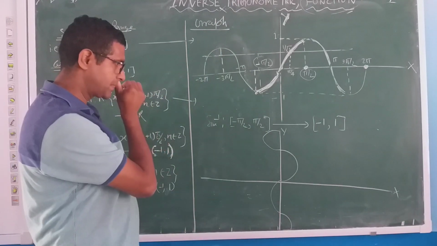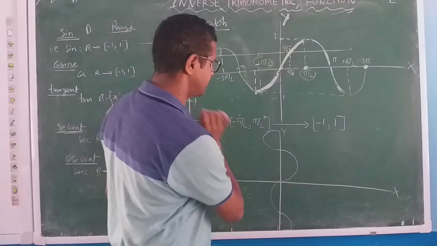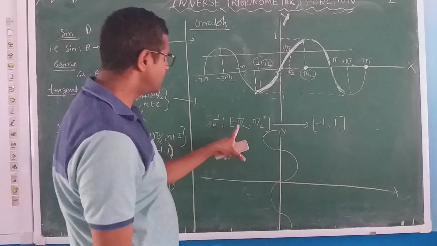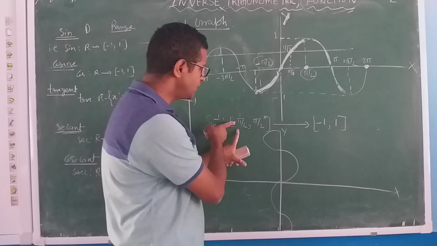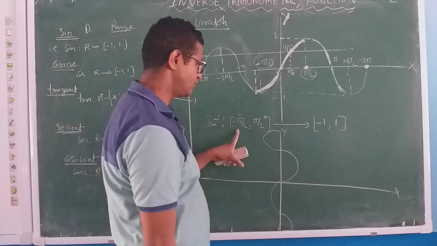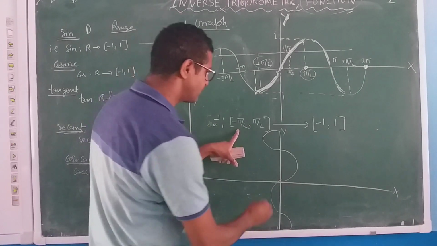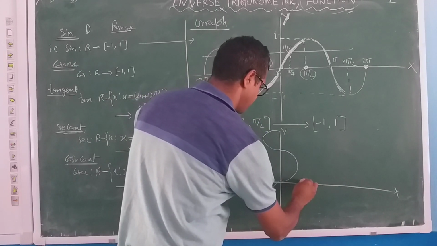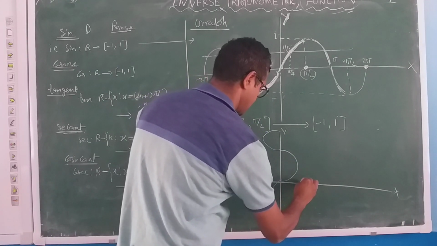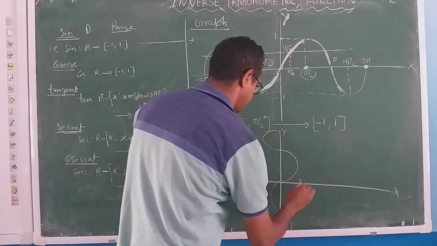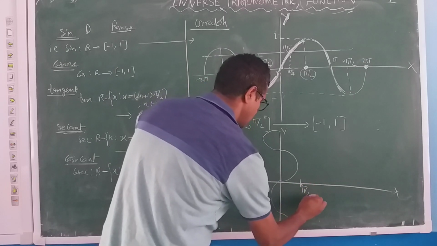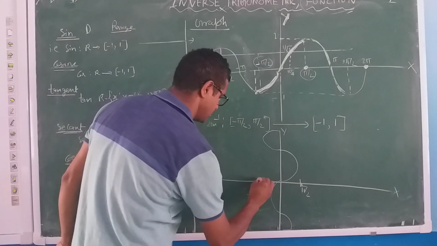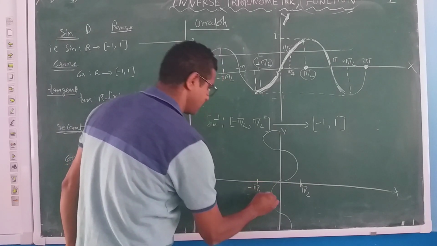Now what is the domain? The domain is minus pi by 2 to pi by 2, under this principal domain. This is plus pi by 2 and this is minus pi by 2.